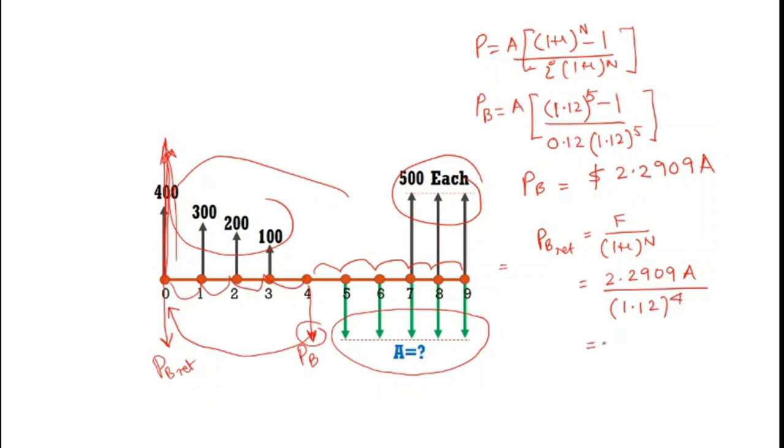So this comes out to be 2.2909A, and this I have not written correctly. This is coming out to be $3.604A. So this is PB net.